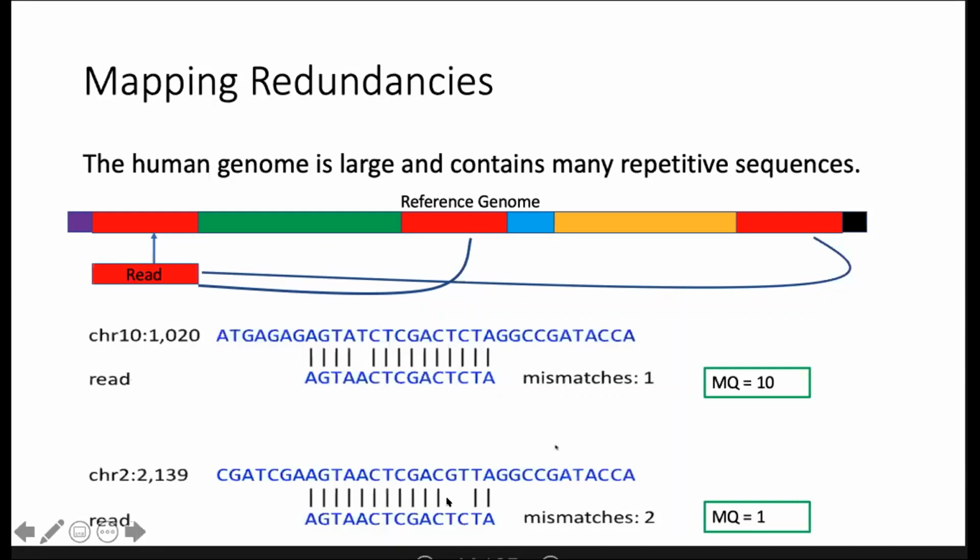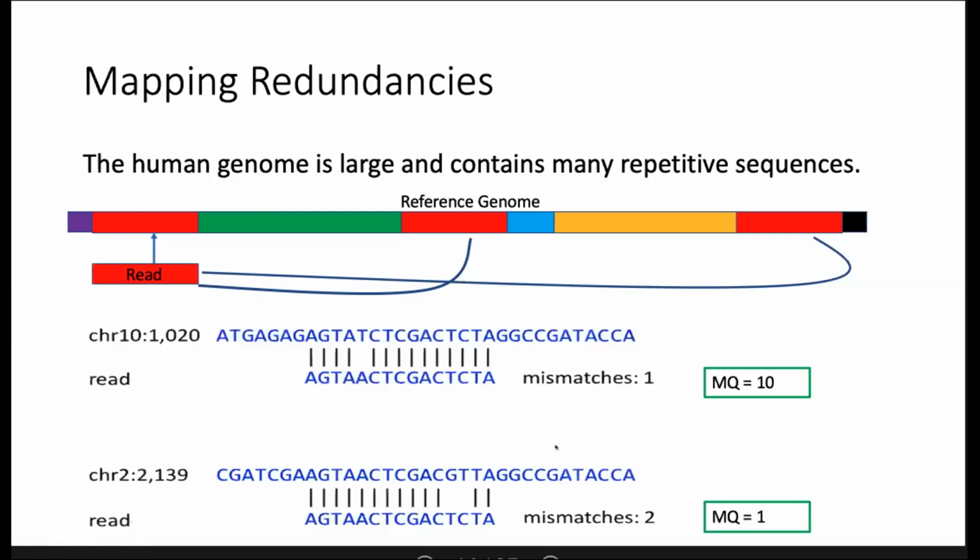That is, it has a high probability of being a sequencing error, but the base quality score of this A over here can be very high, suggesting that it was properly aligned. So if only looking at mismatches, the algorithm would have mapped the read to chromosome 10 since it only has one mismatch. However, if you take into account base qualities, this TC over here can just be a mutation that was present in our samples.